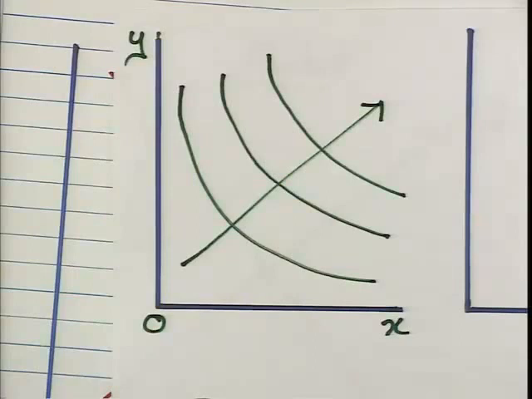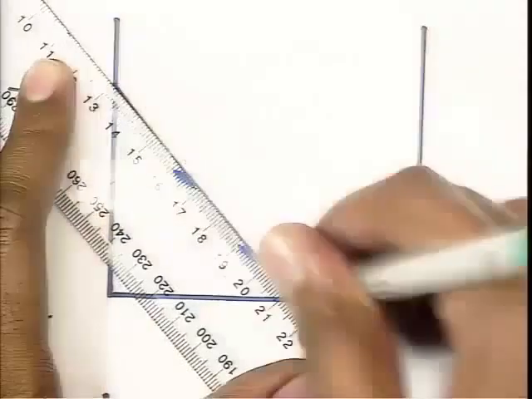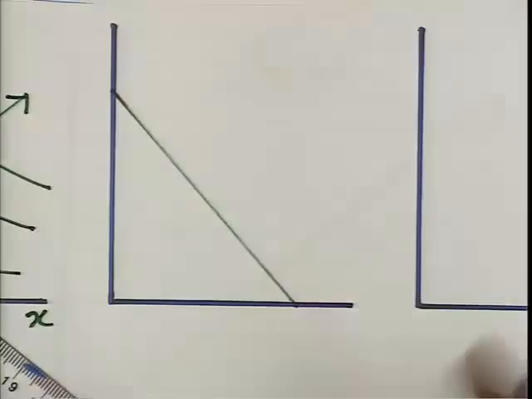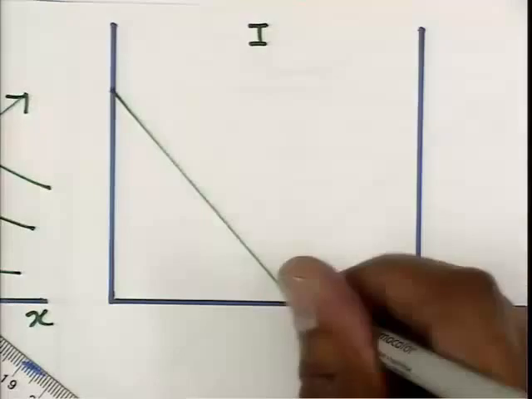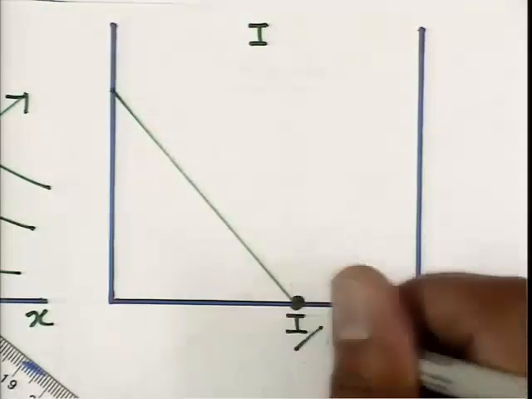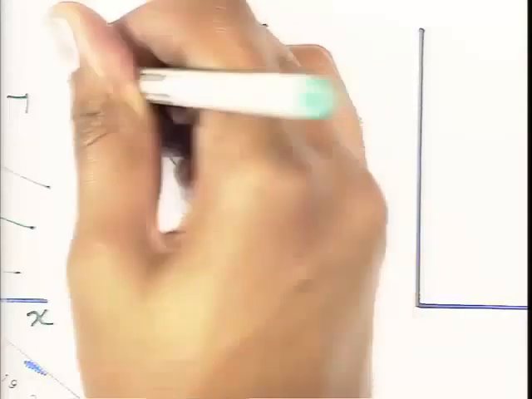As I move away from the origin, my happiness begins to increase. What prevents me from going far away from the origin is my budget constraint. If my income is symbol I, that is the maximum amount of X I can buy, and that is the maximum amount of Y I can buy.